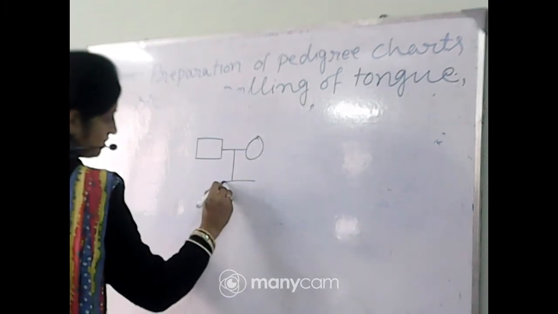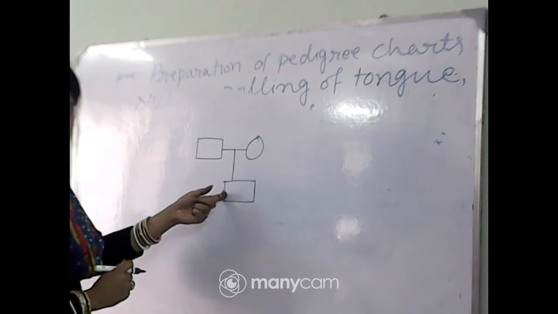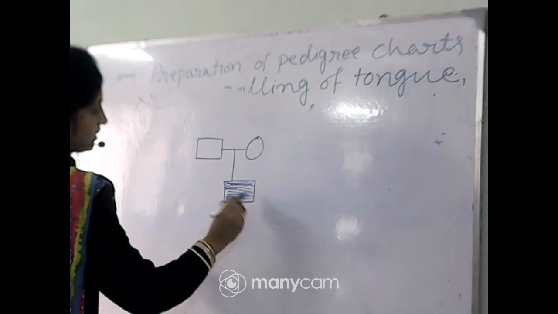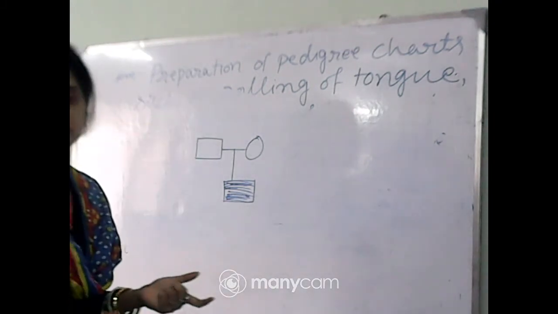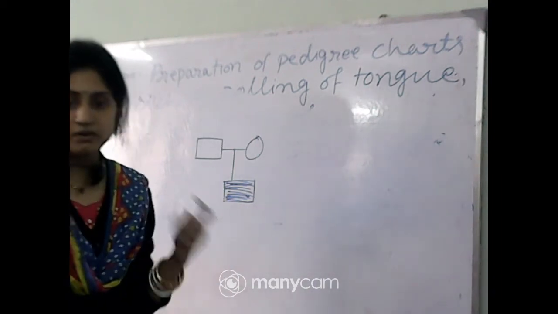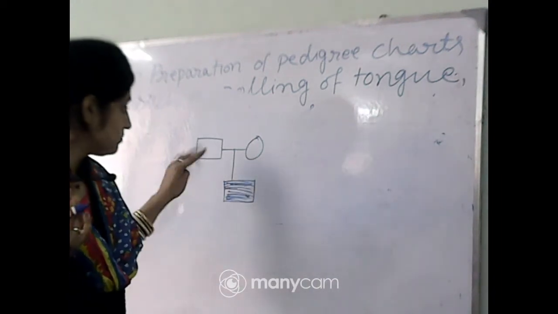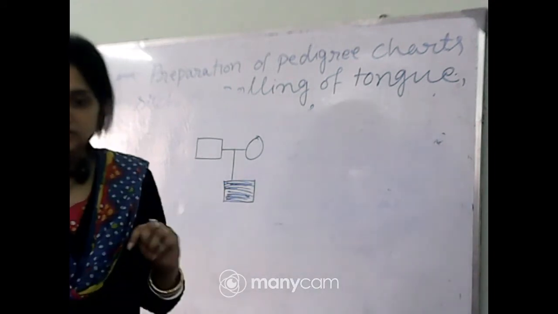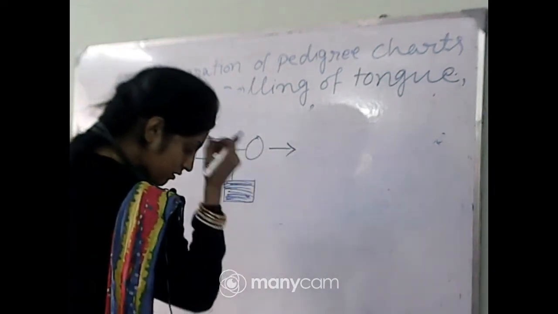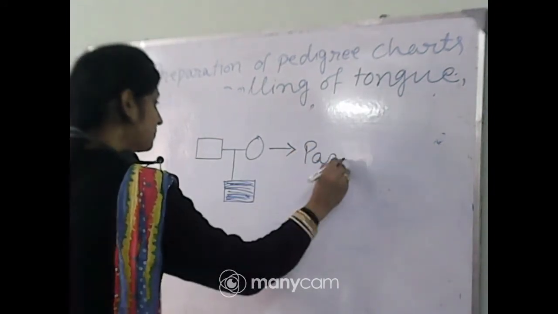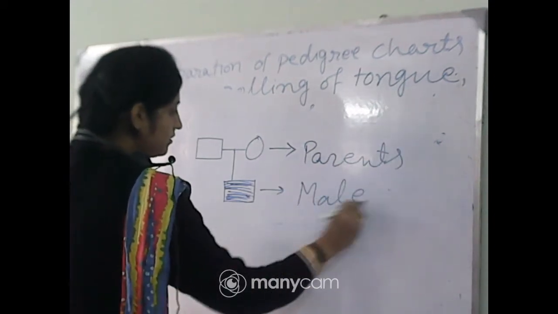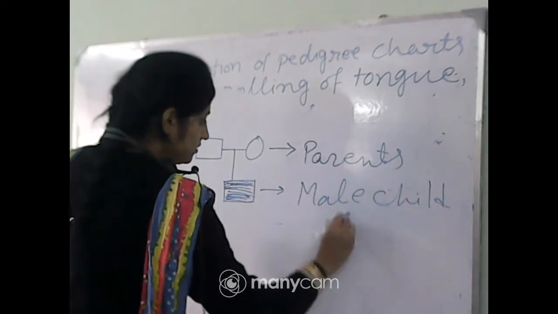There is one male child, and you know that the square represents male, so it is filled with color. This means the father and mother are carriers, but the disease does not show in them because the dominant gene is not present. Both are present in the child, so the child shows the disease. So this one is the parents, and this one is an affected male child.